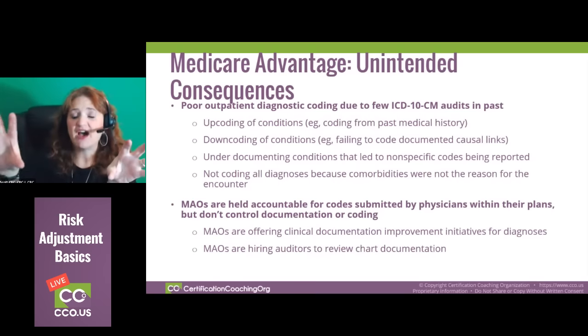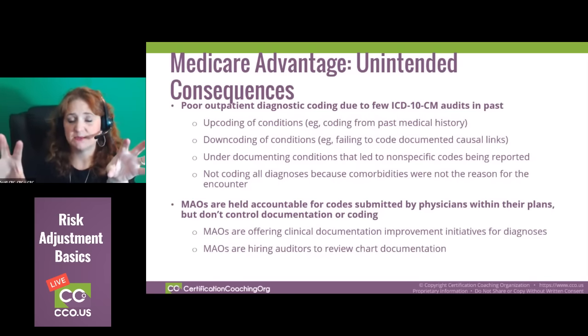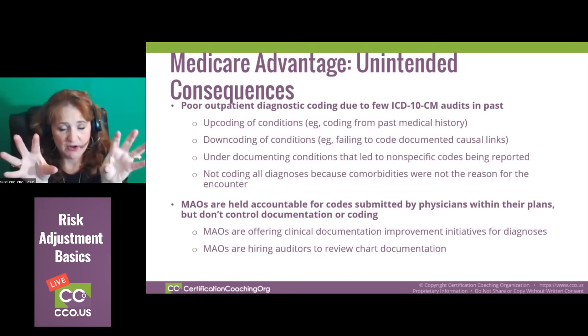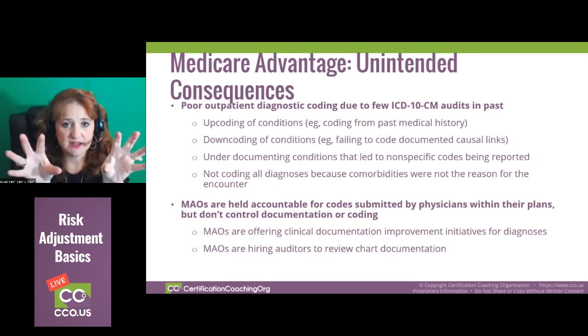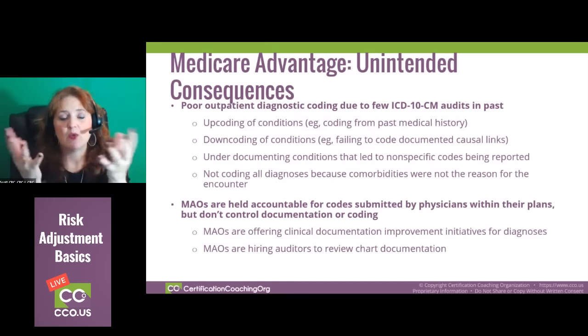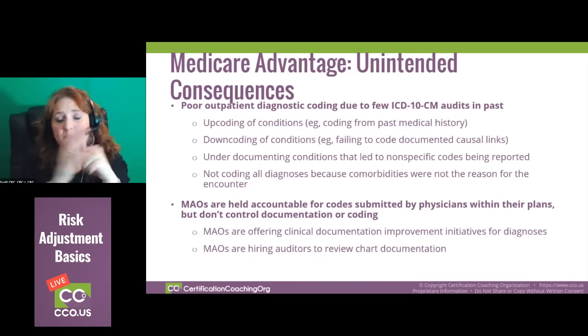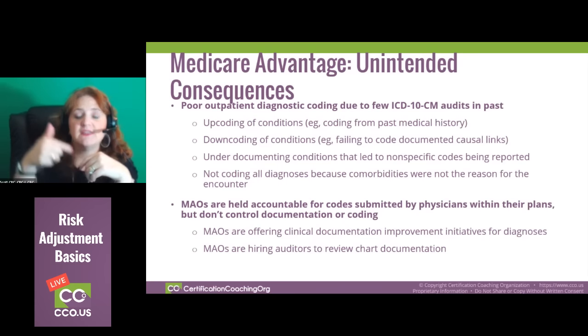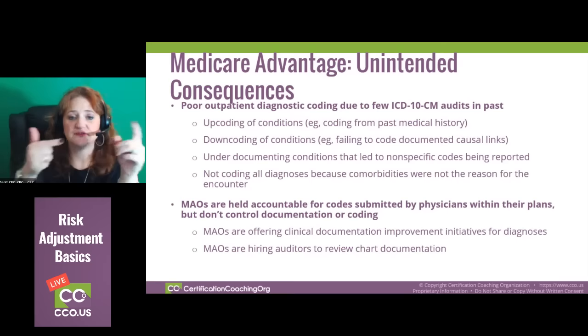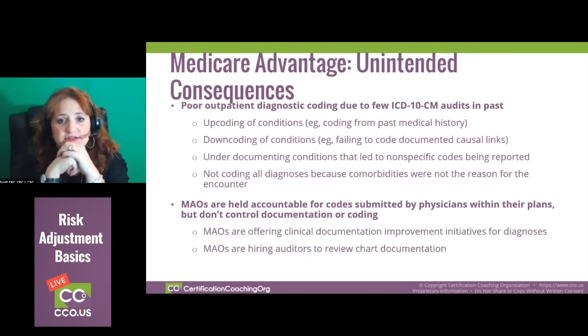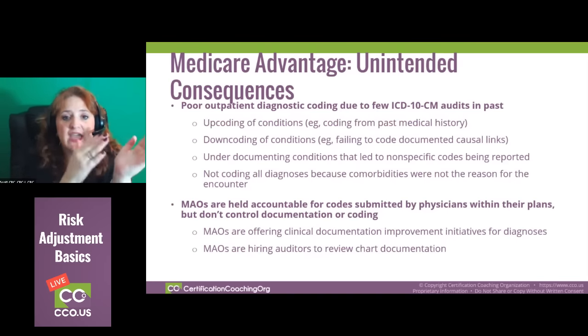But it costs $500 a month to treat patient B in a year, but it only costs $100 to treat patient A. So you see where the MAO is losing money. Why are they losing money? Because patient B's diagnosis comorbidities weren't captured. And if they had been captured with proper documentation and coding, then they would have been getting paid $500 versus $100 for that patient, right? So they don't want to go in the hole, and they have to risk adjust.